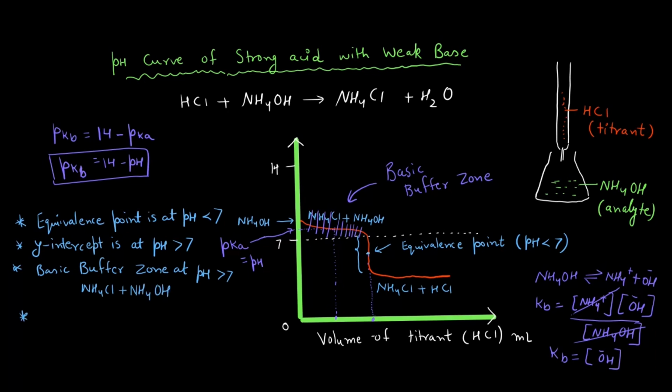And we saw the flattening of the curve at pH less than 7. So these are some of the salient features. We also saw a drop in pH after all the ammonium hydroxide has been consumed and ammonium chloride has been formed.